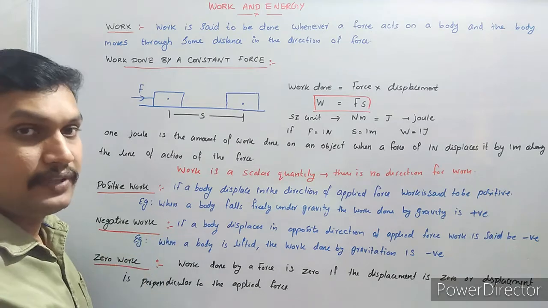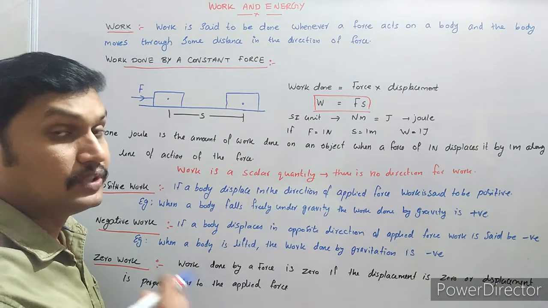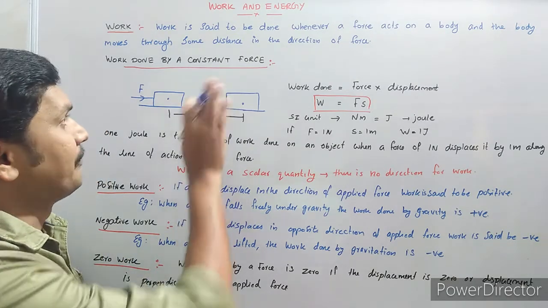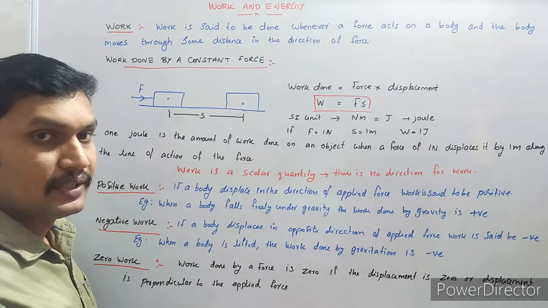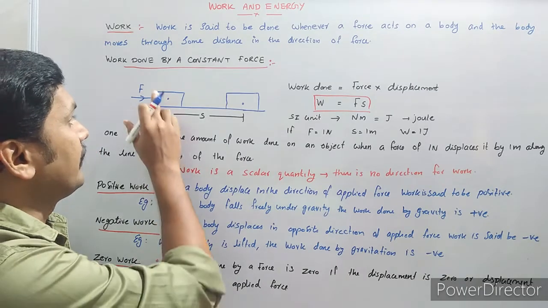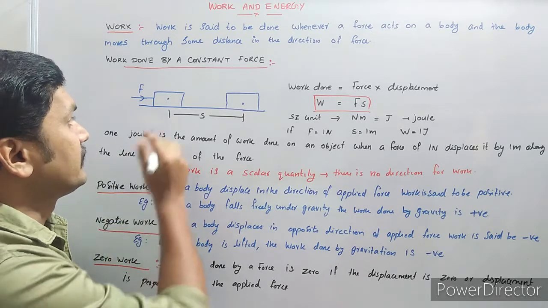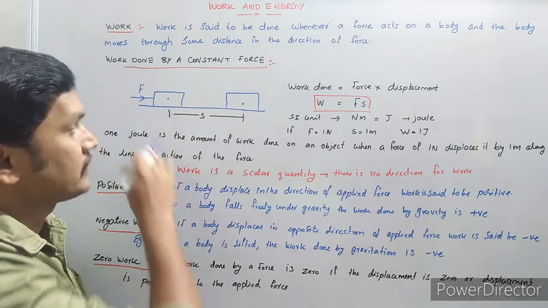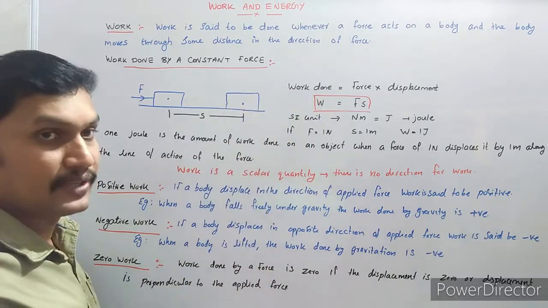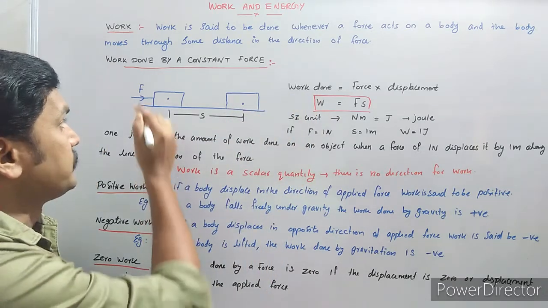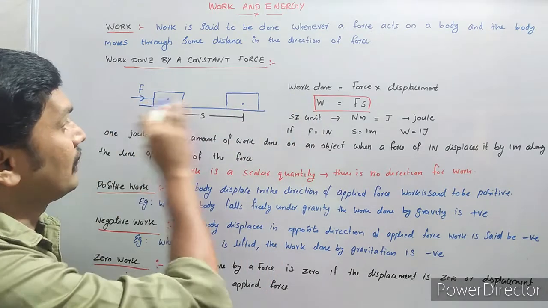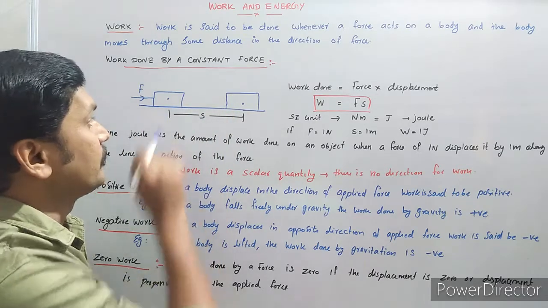Now let's see how we can measure work. Work done by a constant force. Suppose here we have a body, a block of mass m. This is the center of this block, which is placed on this horizontal surface. A force F acts horizontally on this body.